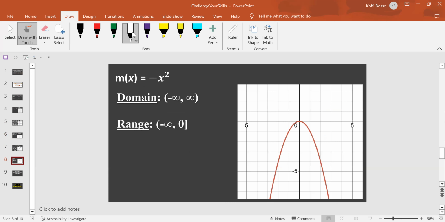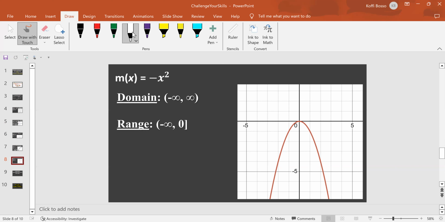Here is the last question, and we have m of x equal to -x squared. You have to understand that it's not always the case that you will see the range as 0 to infinity.